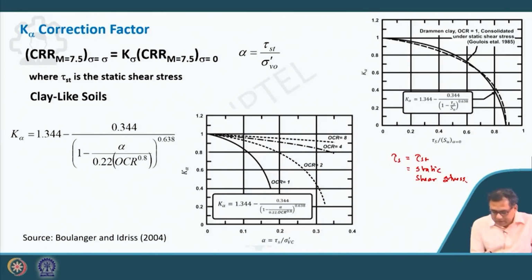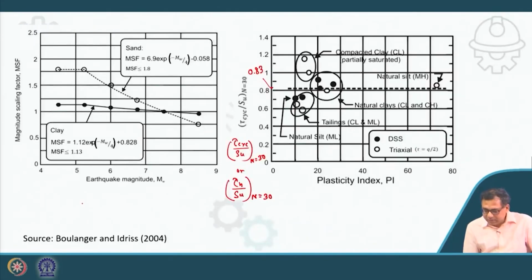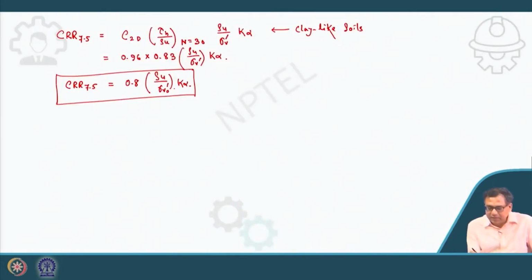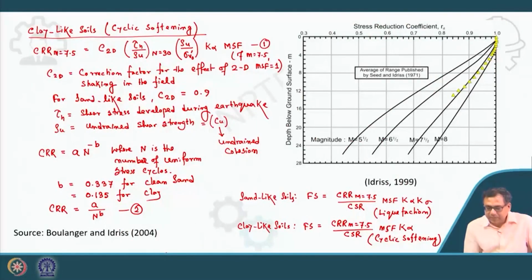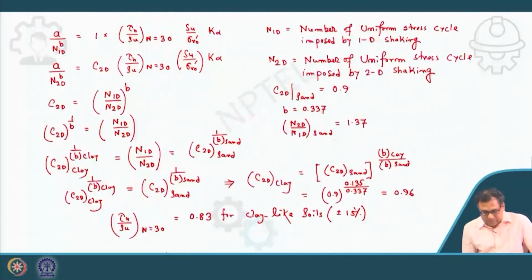How can we write that? So tau S or tau ST by Su, I can write tau ST divided by sigma V dash, or sigma V dash 0. So in that case, here also I have to write 0. As I mentioned, if you write sigma V dash or sigma V dash 0, they are actually the same.